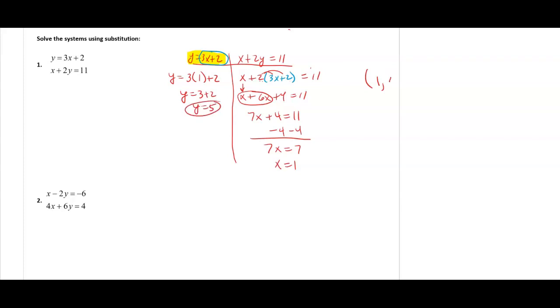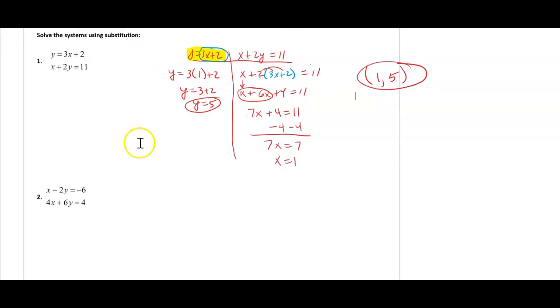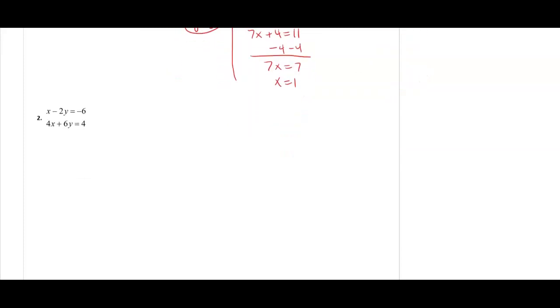Now, my solution would be 1, 5. X is 1, y is 5. Okay, so notice the idea. Work smarter, not harder. Find the easiest variable to solve for, go back, plug it back in.